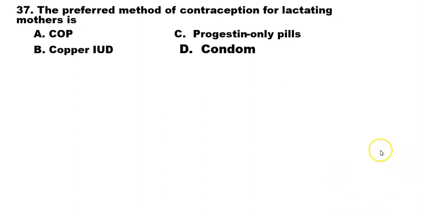You said C, you have got it, because progestin only pills are safe for breastfeeding, because they don't affect milk supply, unlike combined oral contraceptives, because they can contain estrogens.